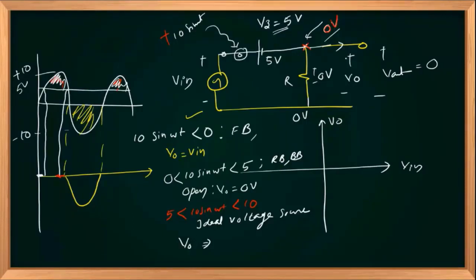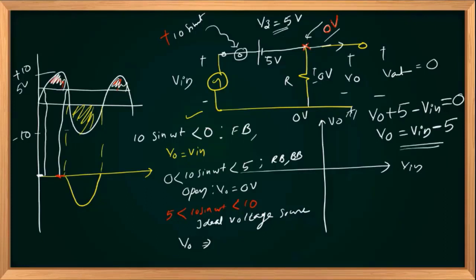So starting from ground: minus plus V out, minus plus 5, plus minus minus V in equal to 0. Or V out is nothing but, taking V in to the right hand side, V in minus 5.